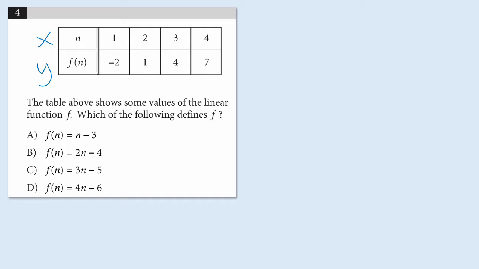And if you notice in our answer choices, they're all in the format of y equals some number times x, and then subtracting a value from that. So for whatever the correct equation is, all of the pairs in the table will be true in that equation.